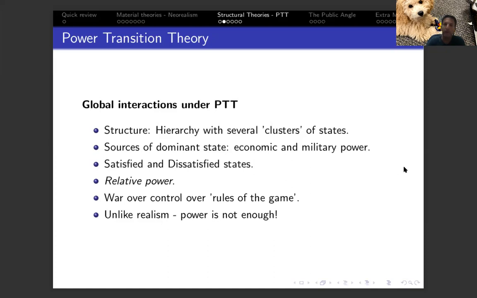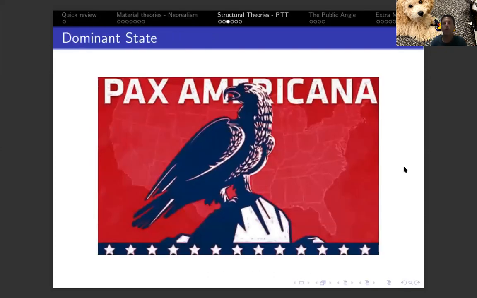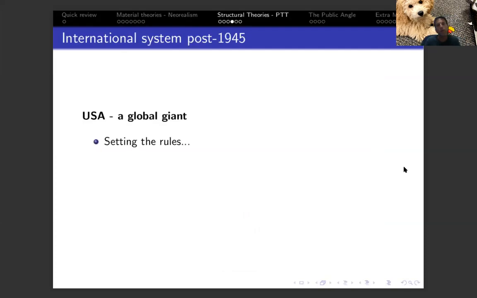So let's talk about an example for a dominant state and that faces challenges. I'm sure all of you are familiar with the United States. And I want to talk about the United States as a dominant power in the system. Following the Second World War, the US has emerged as a dominant power, established most of the different rules and the institutions that are intended to promote her own interests.